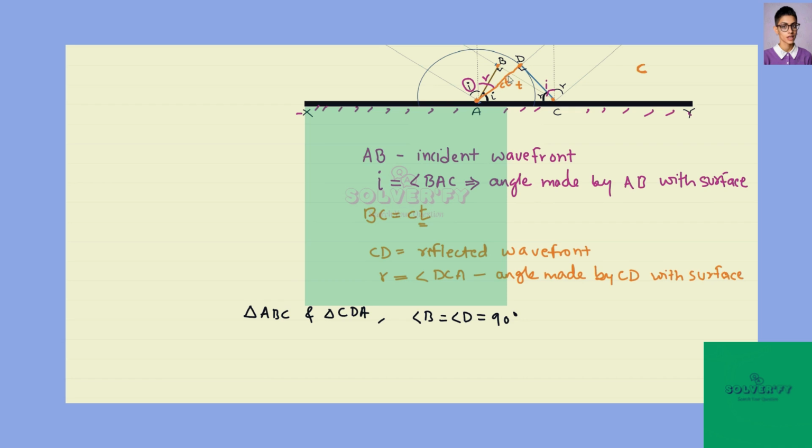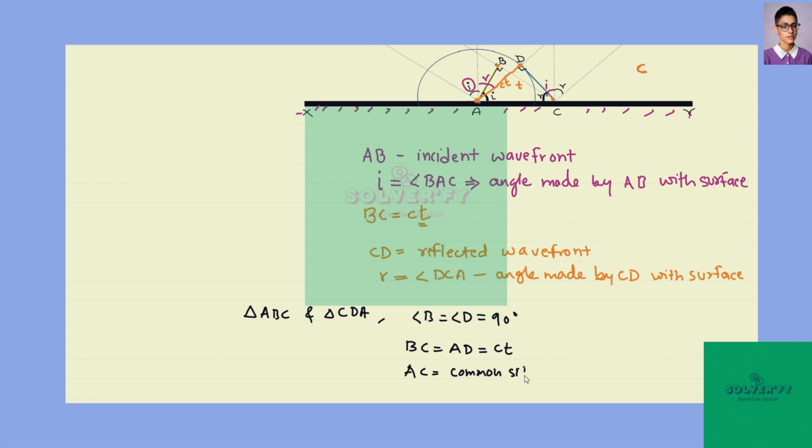Then, as we just discussed, BC is equal to CT, and AD is also equal to CT. So both these sides BC and AD have lengths equal to CT. And in both triangles AC is the common side.